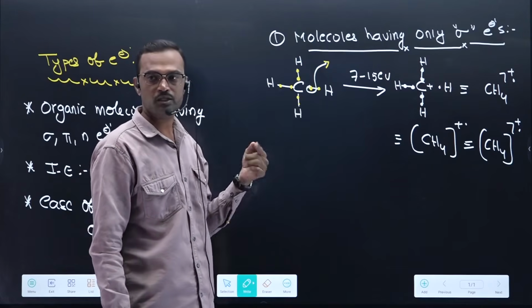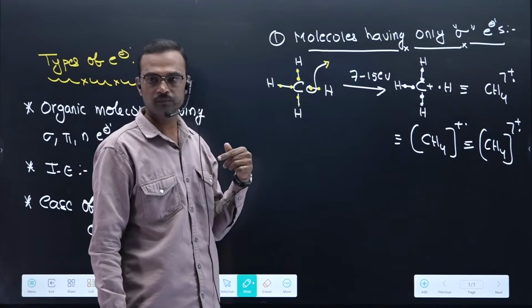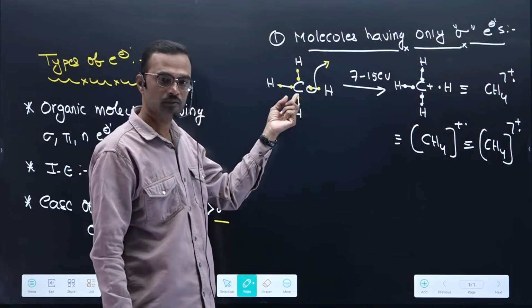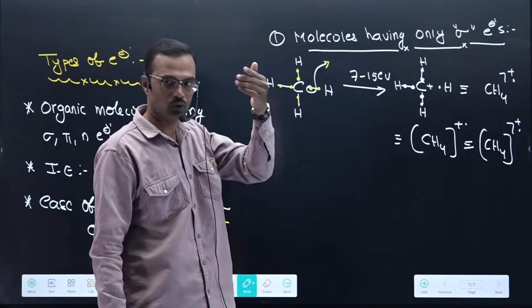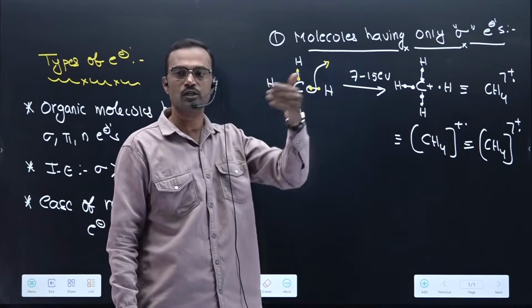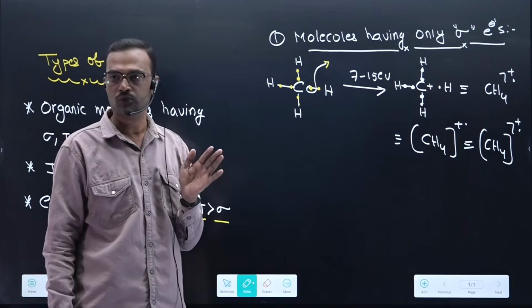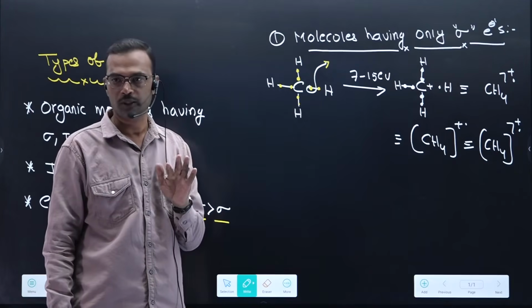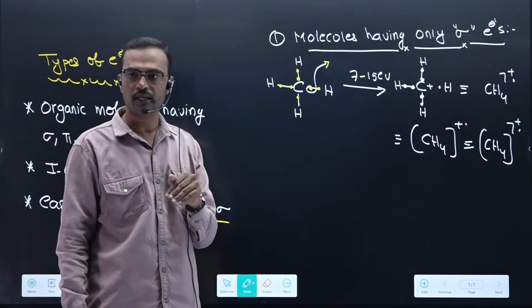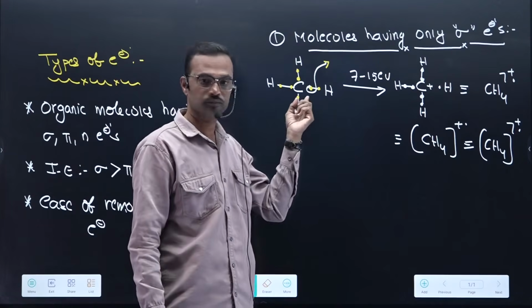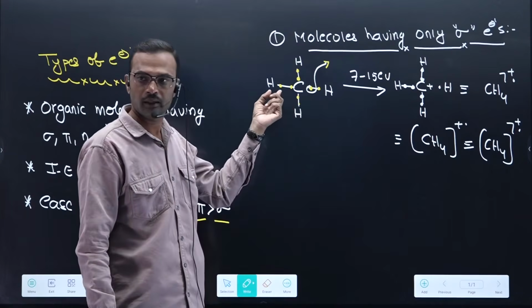Remaining electrons are present in 2s2, 2p. Total how many electrons? 10 electrons. Don't consider those 1s2 electrons. Ignore 1s2. Then what about the remaining electrons? 2s2, 2p. In that 2s, 2p, how many electrons are there initially? 8. 2s, 2p carry 8 electrons.